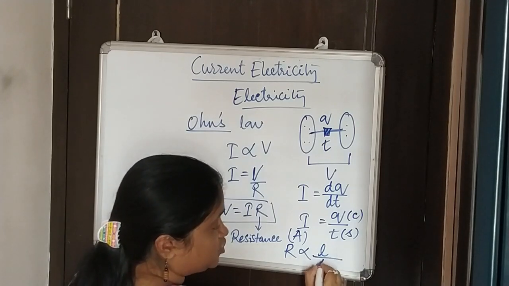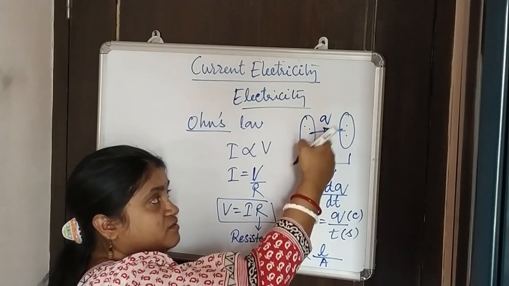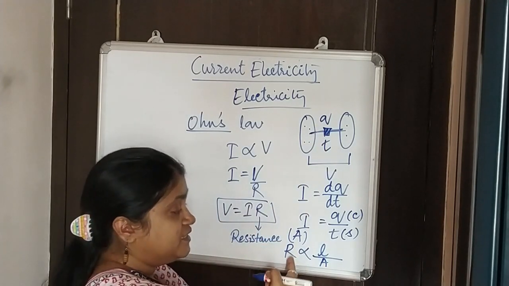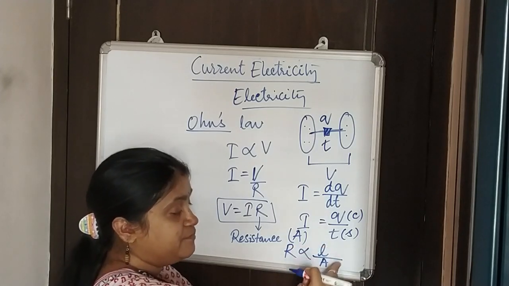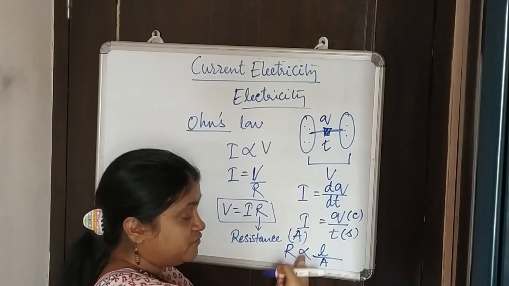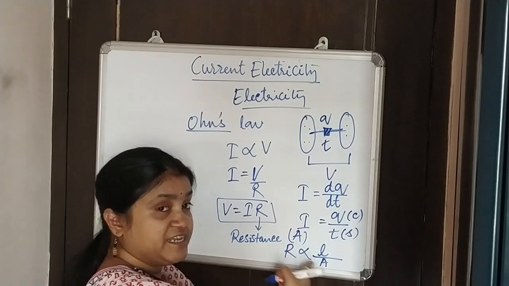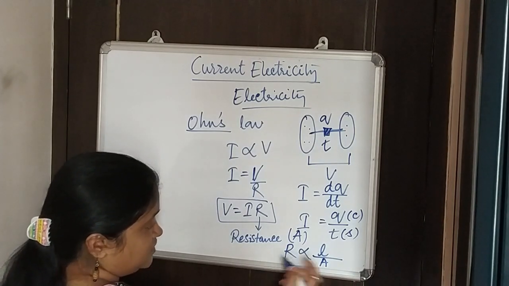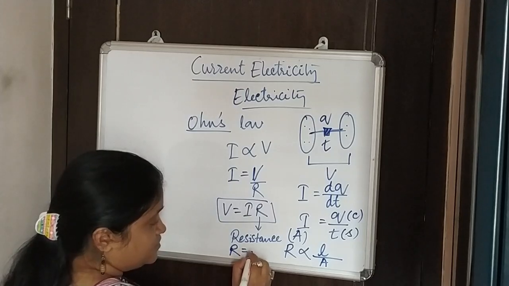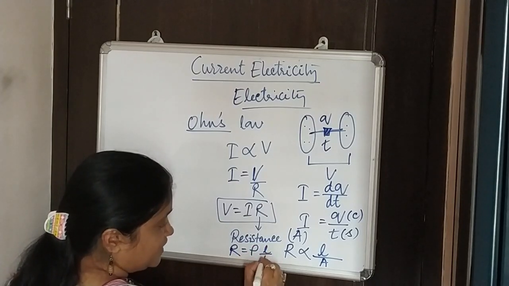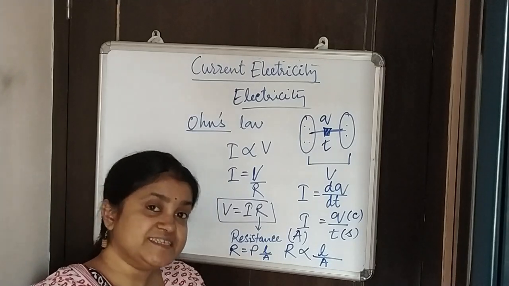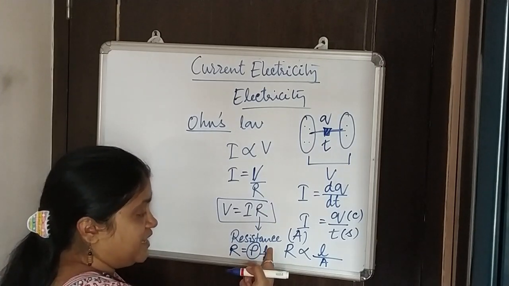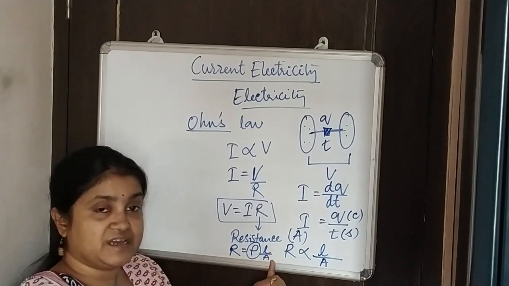And it is inversely proportional to the cross-sectional area A of the wire, so R is proportional to L by A. Now if we take a proportionality constant, R becomes rho L by A. Here rho is called the resistivity of the wire, L is the length of the wire, and A is the cross-sectional area.